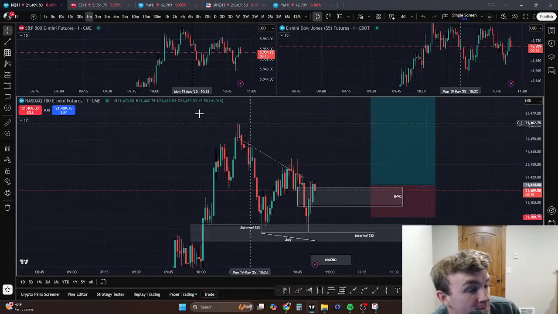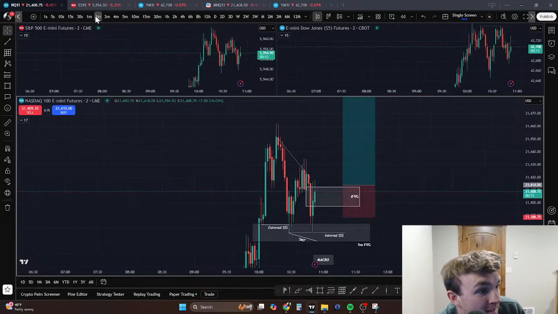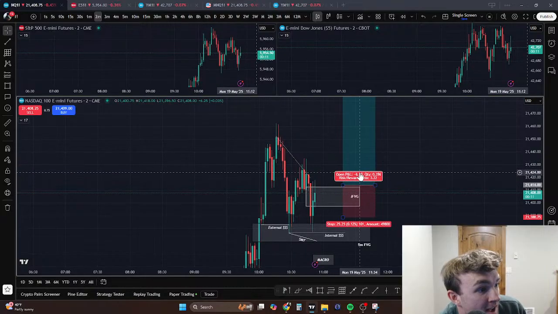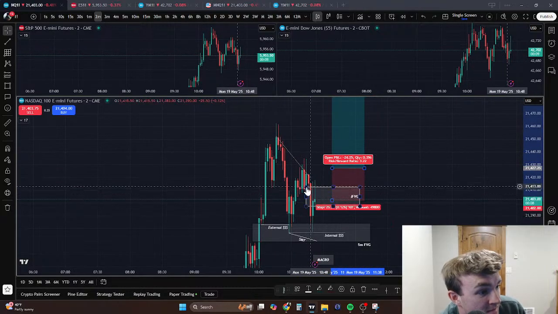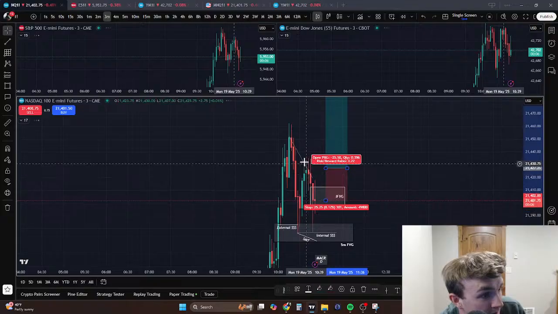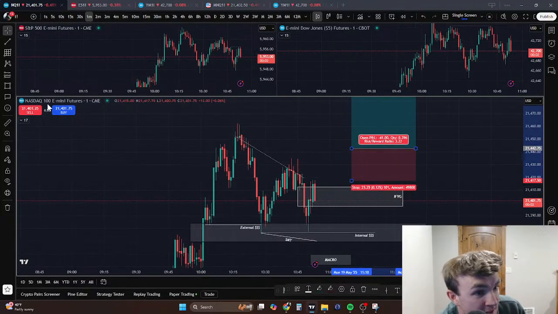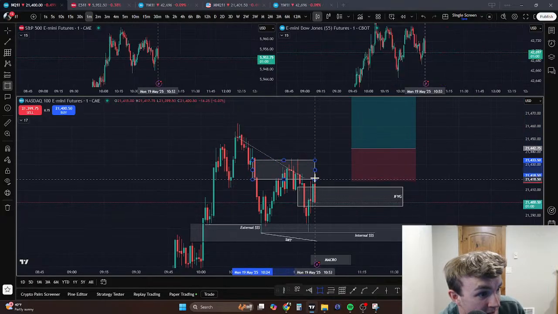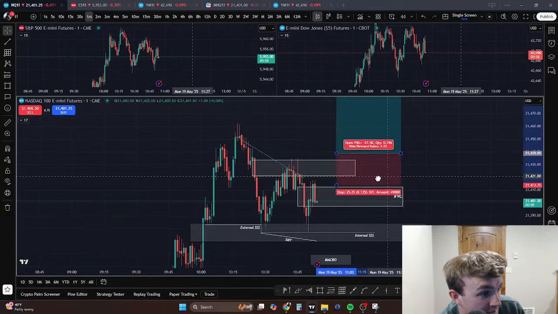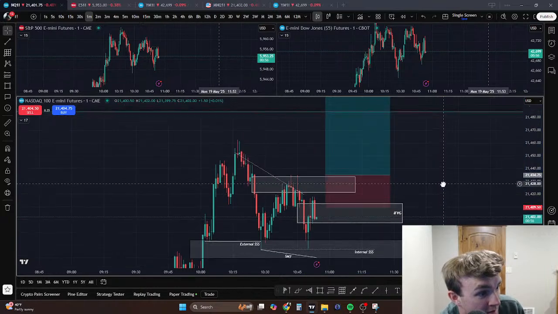As well, one possibility is, let's say that this isn't convincing enough to us, but we still want to take this trade. We could wait for this one to inverse right here, and then we could enter on this. So this also would work.